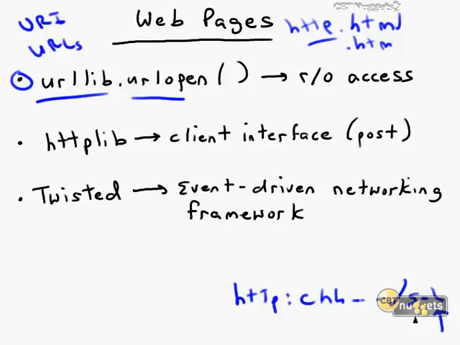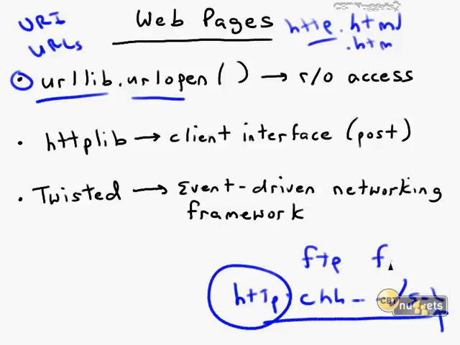Not only do we get in a URL the specific location of the resource, but we also get how to access the resource. In a URL, you have what's called the scheme: HTTP, HTTPS, could be FTP, for local resources it's file, etc. Now, all of those schemes work just fine with urlopen. So you could write a urlopen call that creates a file handle to a locally stored file.